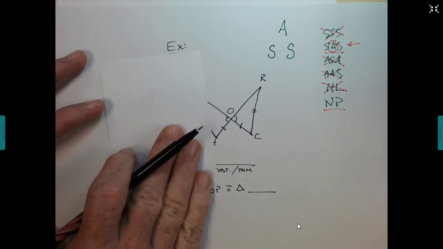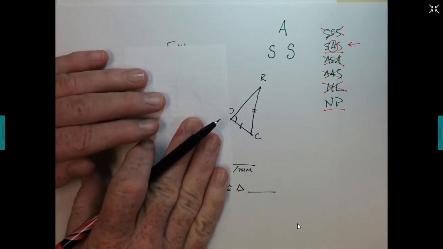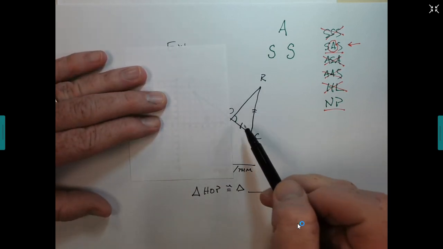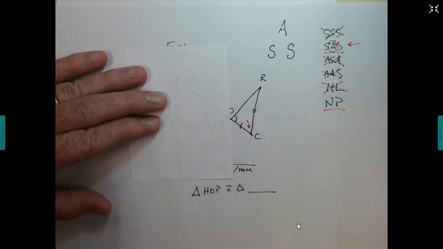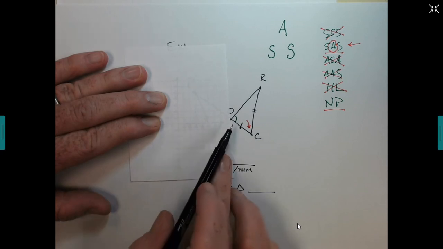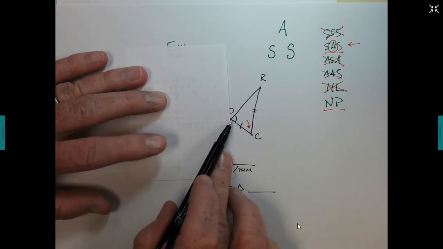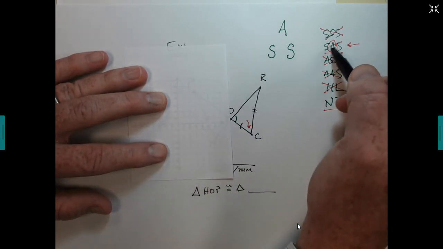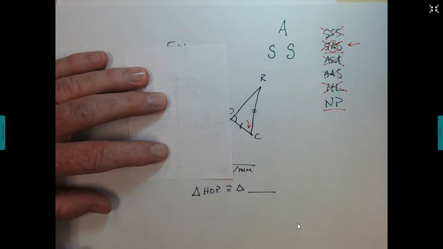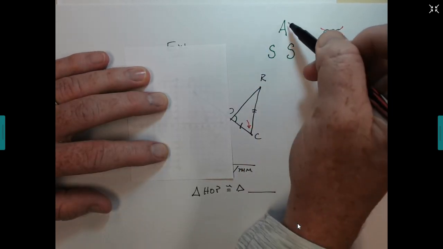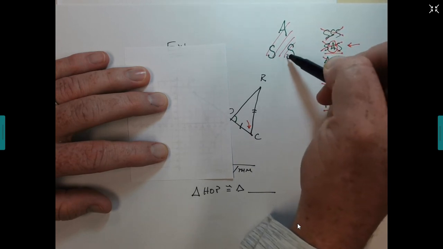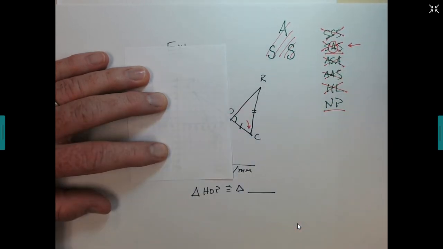The best way to look at that is to cover up one of the triangles. I look at my 2 sides. The angle in between is the one that's right here. That's not the one that's been marked. So I do not have side, angle, side. This is an example of my donkey problem, and we cannot use that.